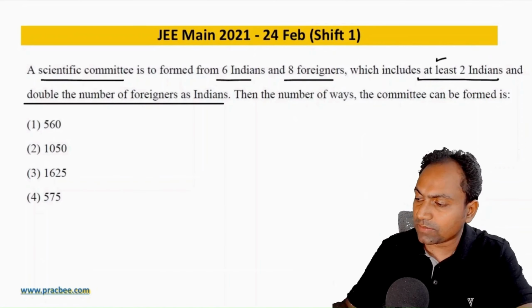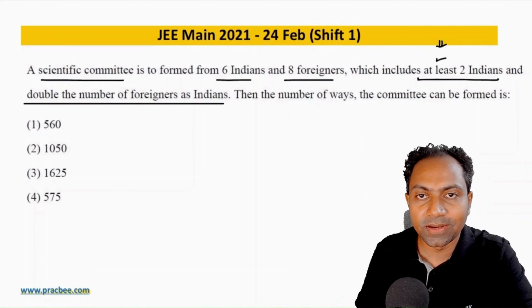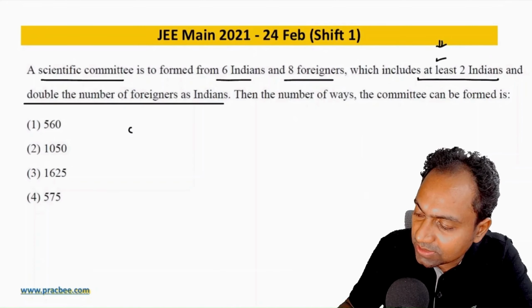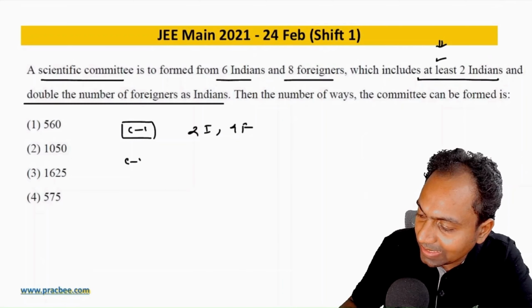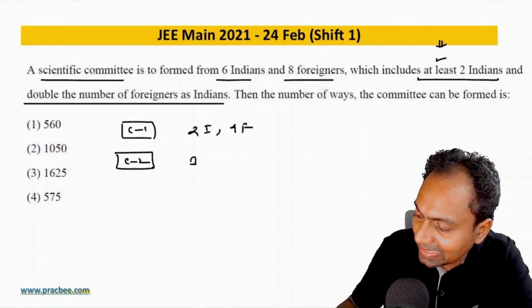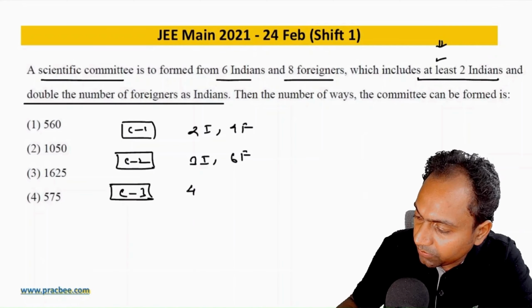See, in this question, whenever you see at least constant, again you should think about making cases. So your first case can be when you take 2 Indians and 4 foreigners. Your case 2 would be when you take 3 Indians and 6 foreigners. Your case 3 would be when you take 4 Indians and 8 foreigners.